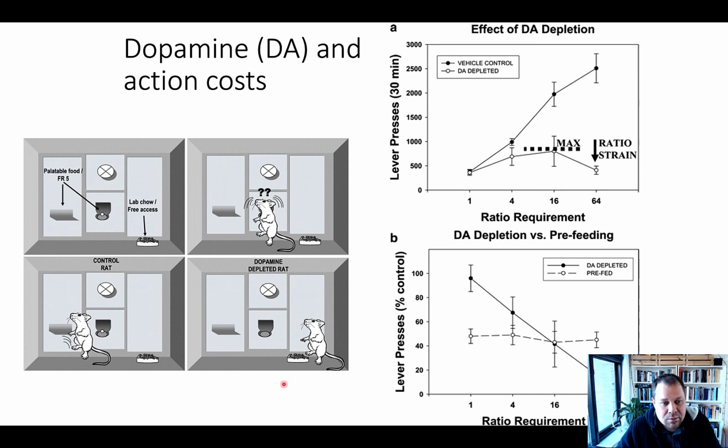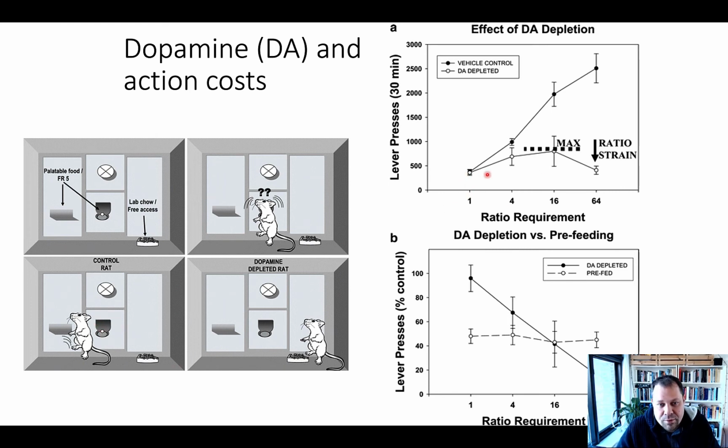So the rat is in this environment, knows that it has to press the lever a certain number of times to get the highly valued food reward, rather than just doing nothing and eating freely from the lab chow. Here on the x-axis, we have the ratio requirement. That means how many presses the rat has to make before it gets one pellet.